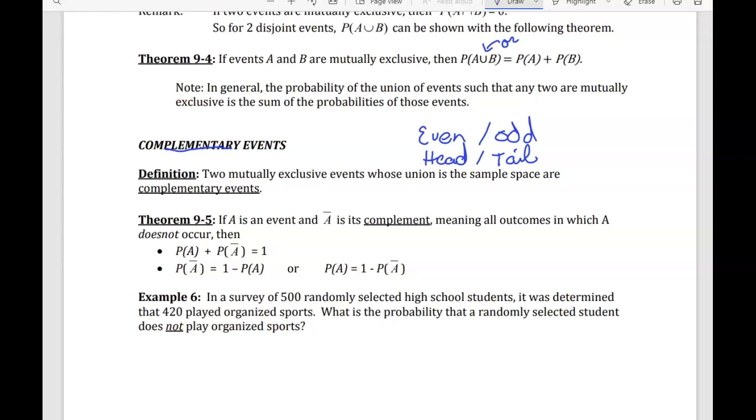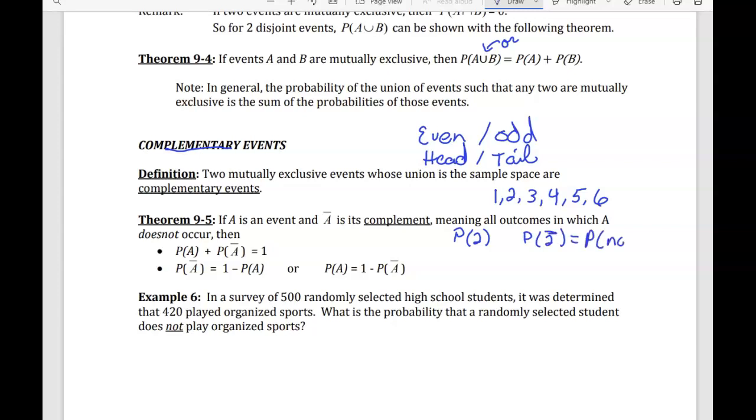So if you think about this, on a die, I've got the sample space of 1, 2, 3, 4, 5, and 6. Okay? So if I think about the probability of a 2, my complement is the probability of not getting a 2.